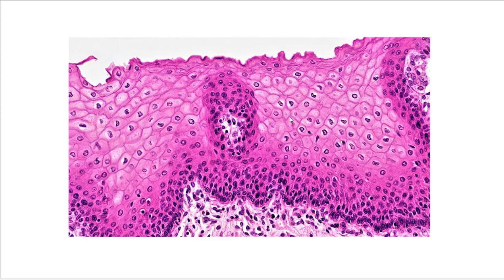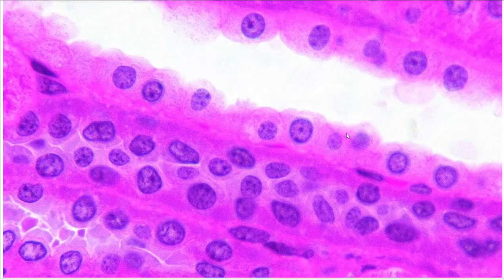This is stratified squamous because it has multiple layers. In stratified squamous, the cells are bigger at the bottom and then they flatten out at the top. An example of stratified squamous is the superficial layer of the skin called the epidermis, which consists solely of stratified squamous epithelium.